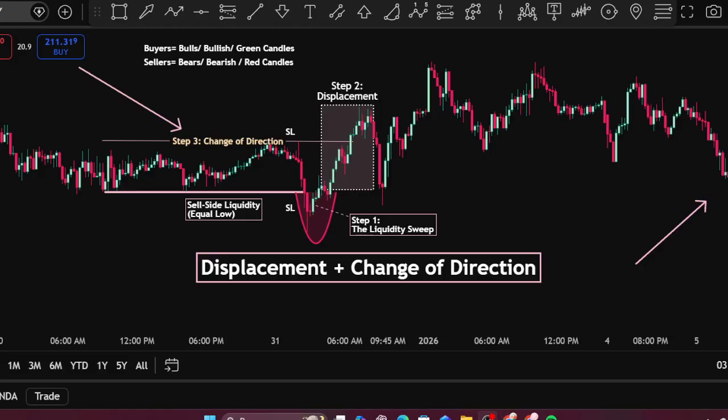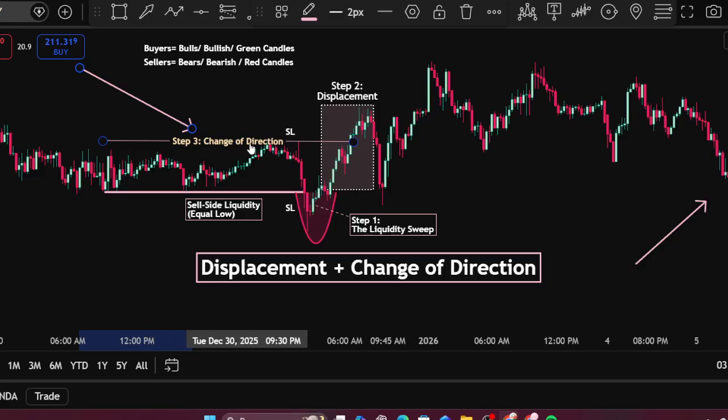Now that we have all 3 steps, we're almost finished. Okay, so let's talk about now our entry possibility, because we need these 3 steps. Step 1, the liquidity sweep. Step 2, the displacement going away from the previous trend direction.